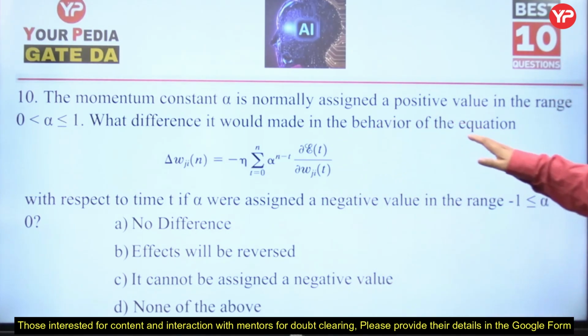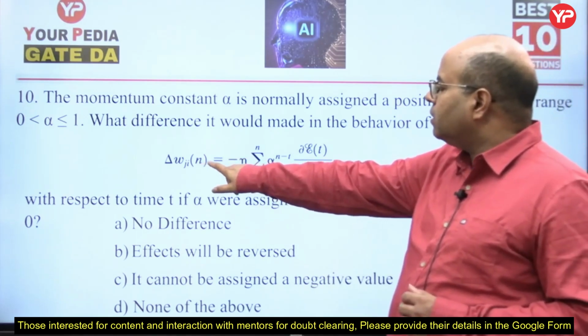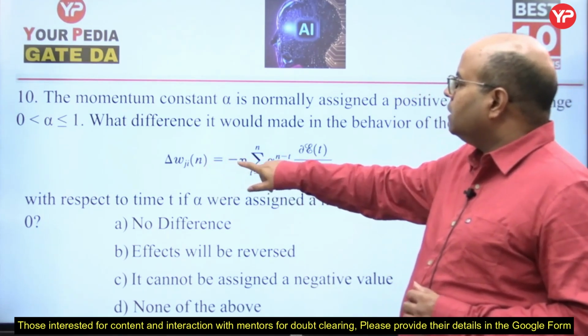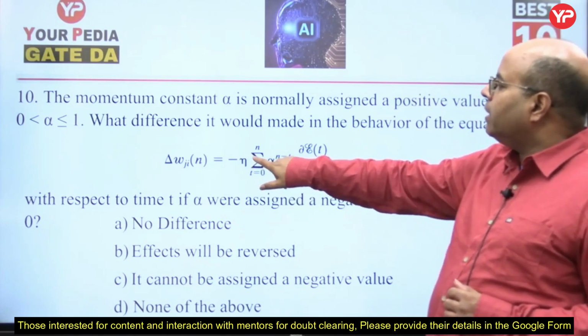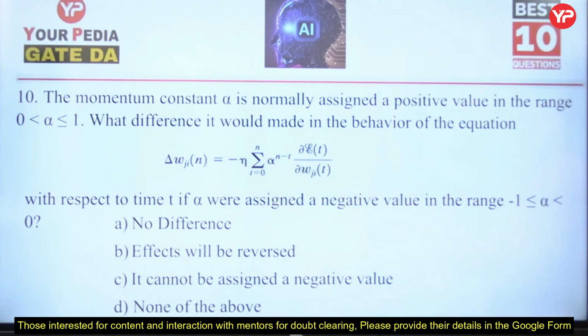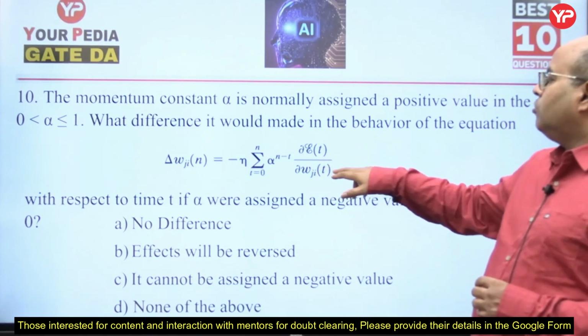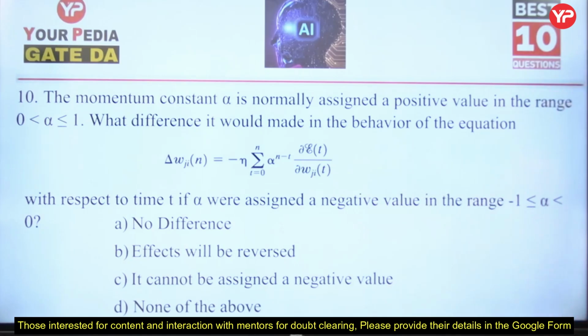This is the equation in backpropagation. How the weights are changing is equal to minus eta, the learning rate, times the sum over t from 0 to n of alpha to the power n minus t, del E over del wji of t.